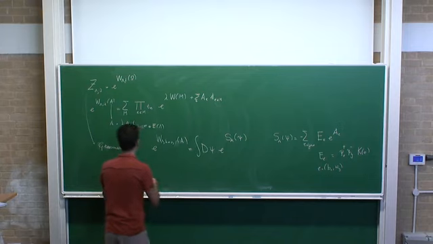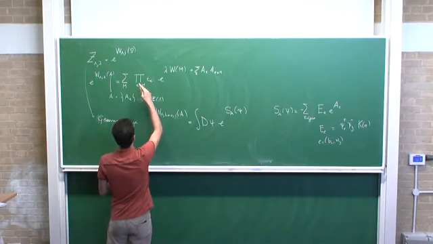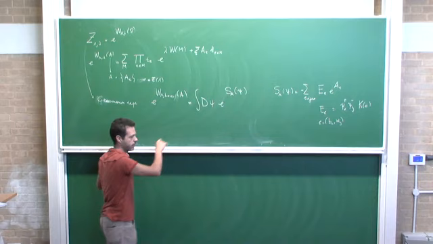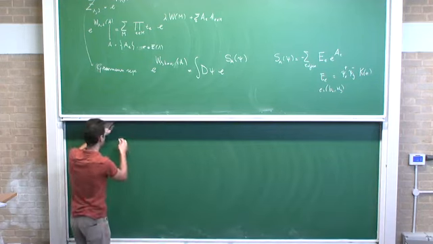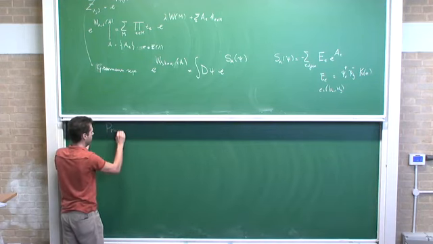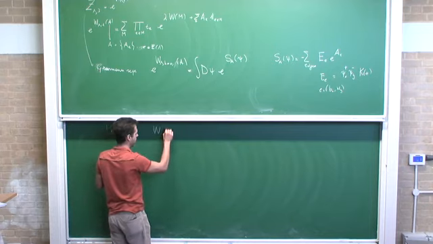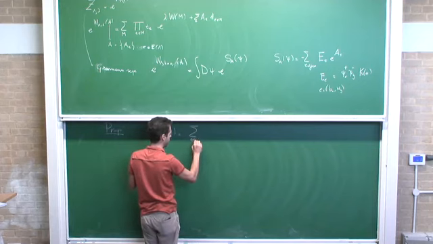Now the point was to prove that you have a similar representation for the generating function with interaction, except that now the action will not be quadratic anymore. So let me repeat the statement of the proposition, and I'll give it in the particular case where the interaction is of the form where you sum over all even faces.